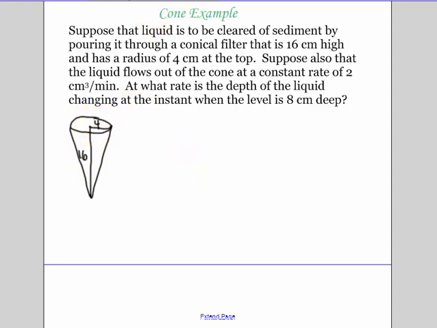Suppose that we have something in here and the liquid is flowing out of the cone at a constant rate of 2 centimeters cubed per minute.